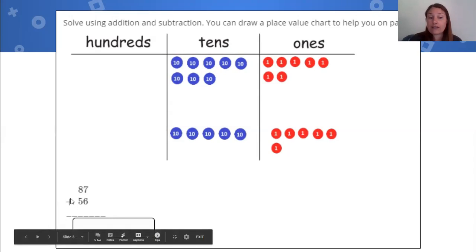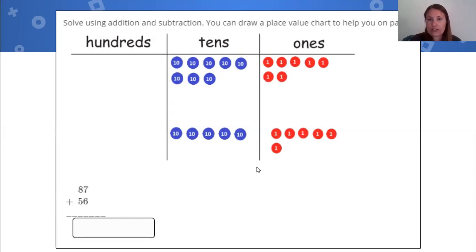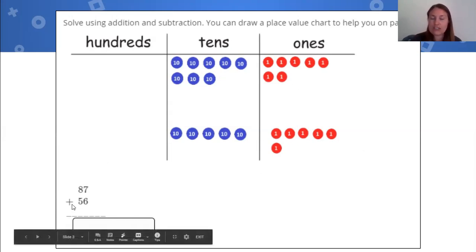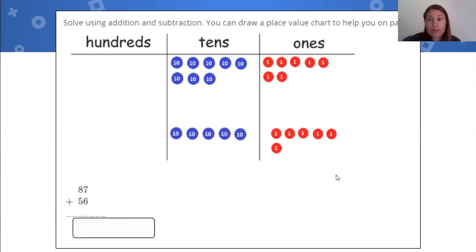Circle the sign, okay, so to know if you're adding or subtracting, lining up your problem vertically, but also drawing out this place value chart so that you can make sure that your picture matches your vertical algorithm, okay? Be really careful. Do both parts of the work because good mathematicians double check their work. Sometimes they triple check, okay?